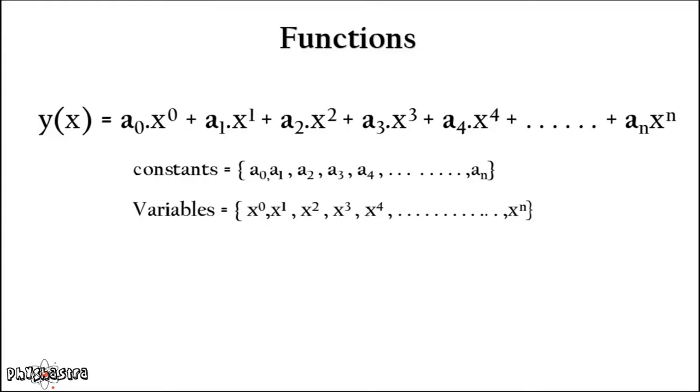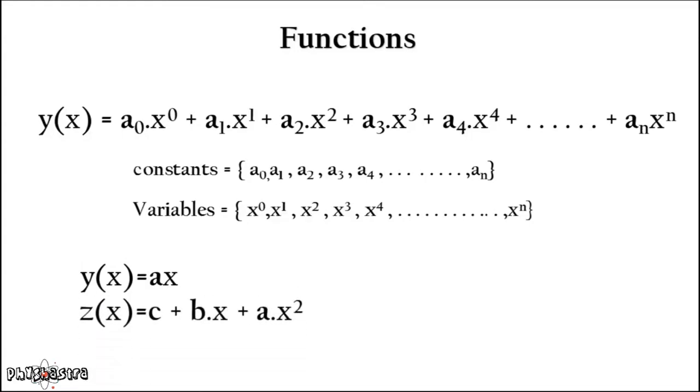One example is the function written as y of x equals a times x, which has a constant a and variable x. Similarly, for a new function with a new name, z of x equals c plus b times x plus a times x squared, where a, b, c are constants and x is a variable.